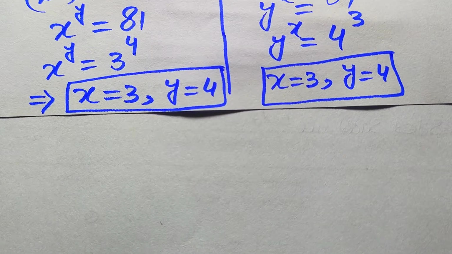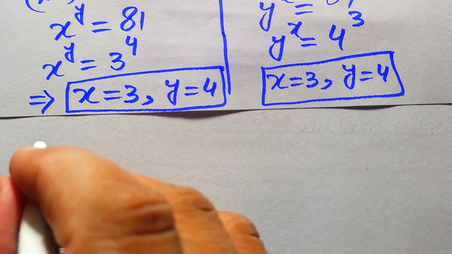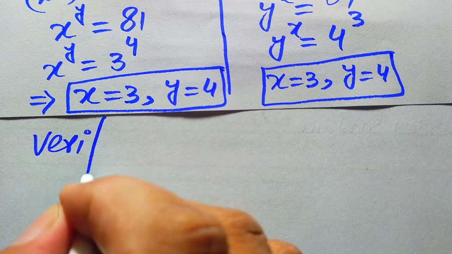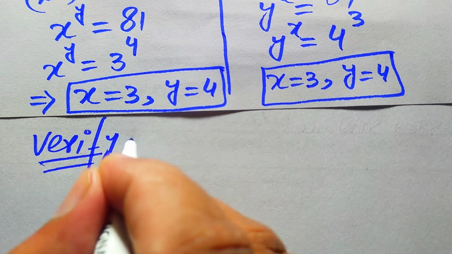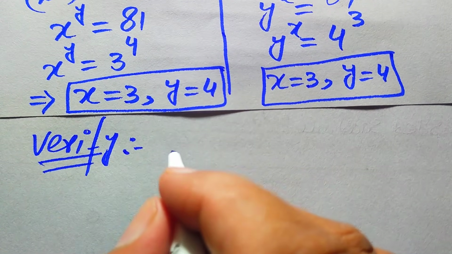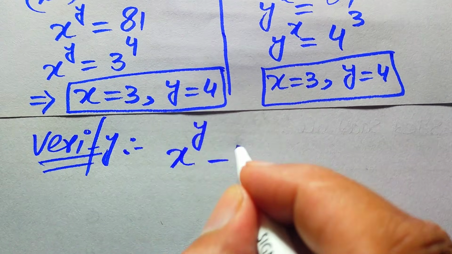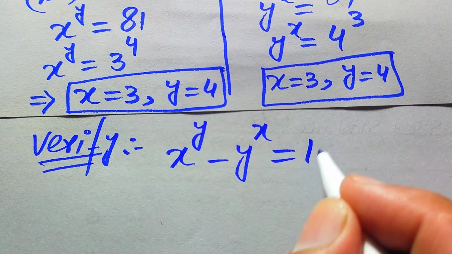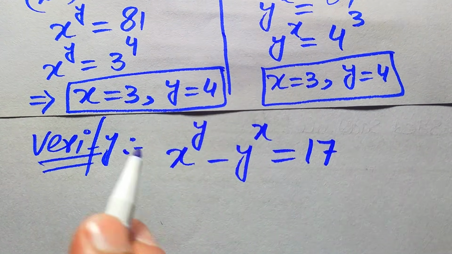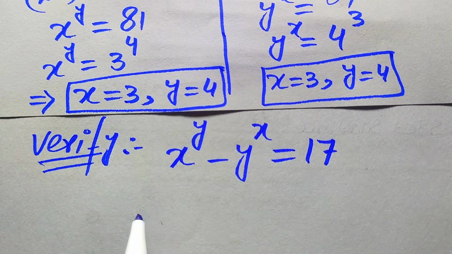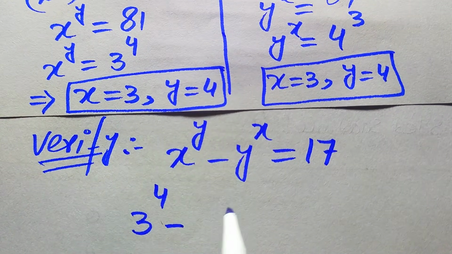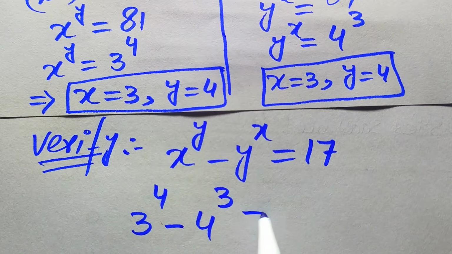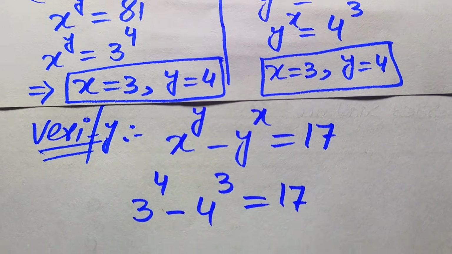And now in the next step we need to verify that these values of x and y satisfy our given question statement or not. So for verification we need to copy down the given question statement. Here it is x to the power of y minus y to the power of x is equal to 17, and we put the value of x and y here, and we get 3 to the power of 4 minus 4 to the power of 3 is equal to 17.